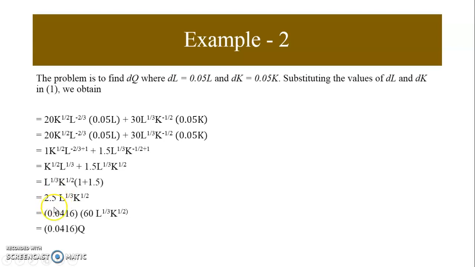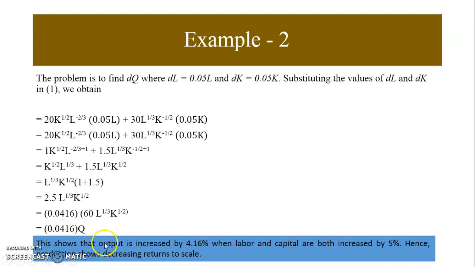So 2.5 divided by 60 is 0.0416, and you multiply by 60. Now this is your original output level. So this is 0.0416. So it says that if both labor and capital are increased by 5%, your output will increase by 4.16%. So it shows that the production function has decreasing returns to scale.